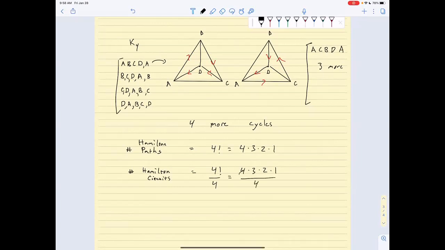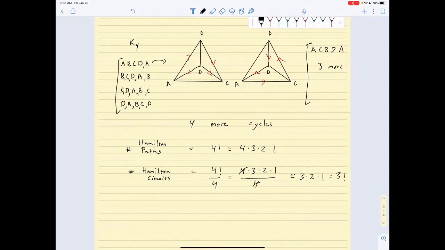You guys know how to cancel, right? For fractions. So what is this called? Yes, it's called 6, but what else is it called? When I write it that way. 3 factorial. The reason we want to write it that way is because guess what? You can do this when you're not 4, but when you're n.